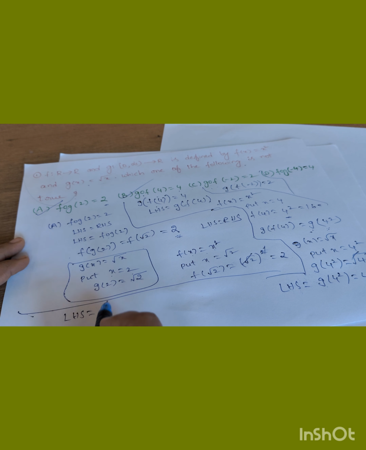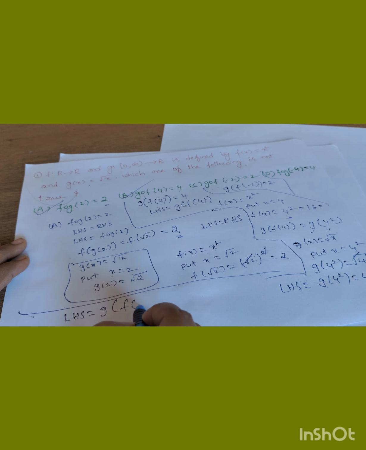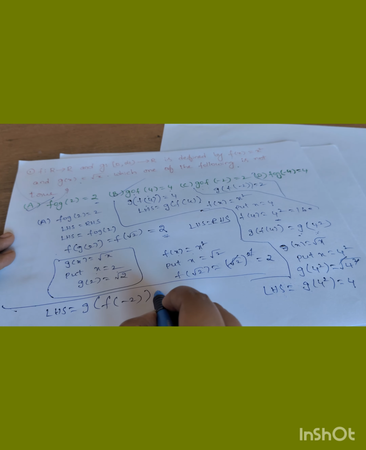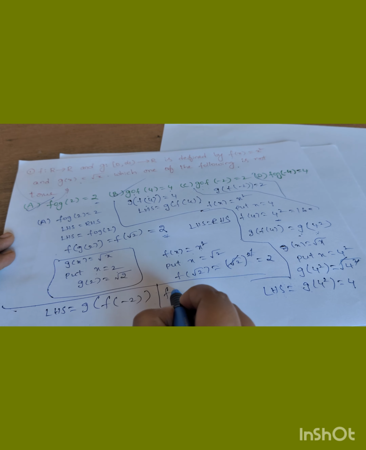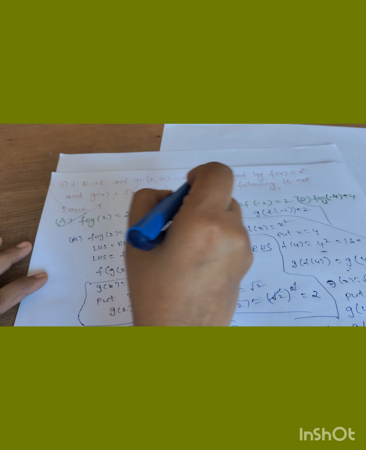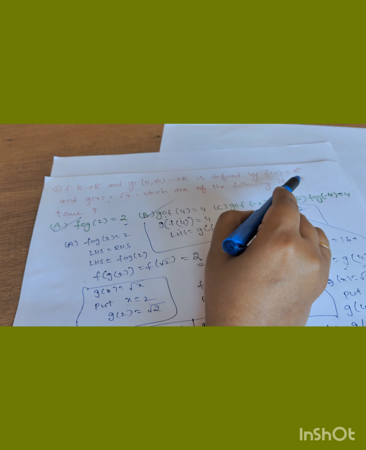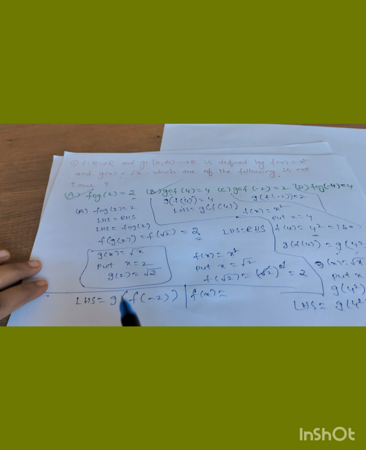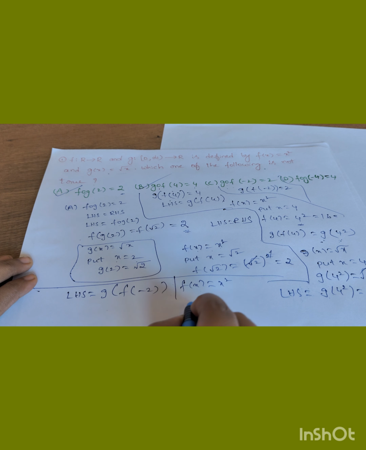LHS is equal to g of f of minus 2. We know f of x value is x square. So put x is minus 2.